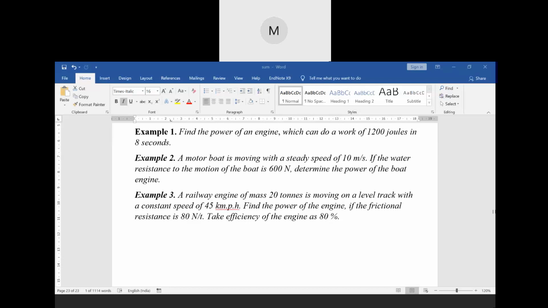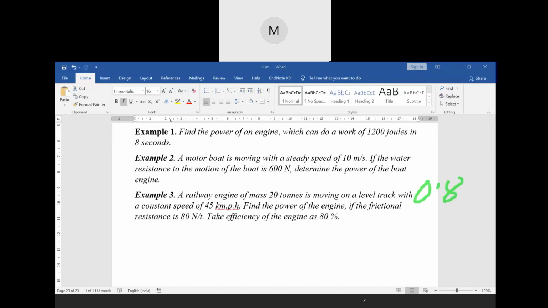So are you able to solve it? Now the last part. Let us discuss the last part. So the answer for power is what? P is equal to 20 kilowatt. Now the efficiency of the engine is given as 80%. 80% means what? You can write it as 0.8.